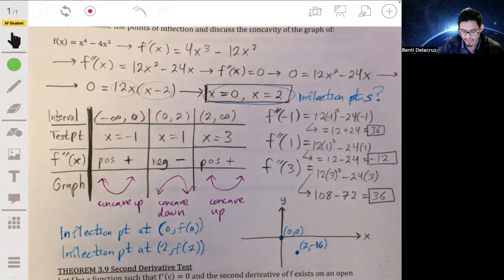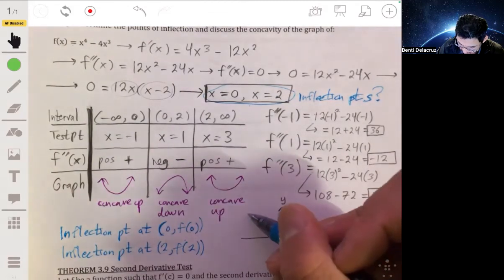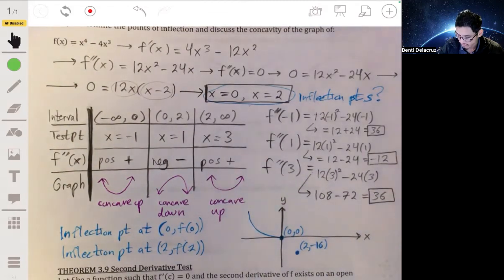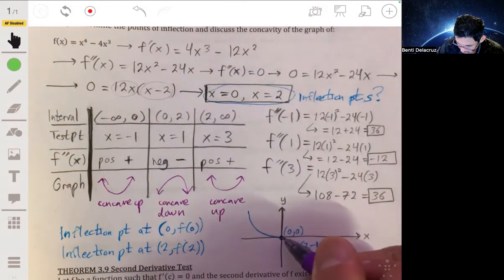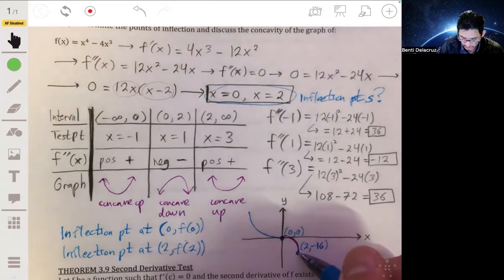And so what's going on here is that before 0, 0, it's concave up. So it's doing something like this. And from 0 to 2, it's concave down. It's doing this. And afterwards, it's concave up.